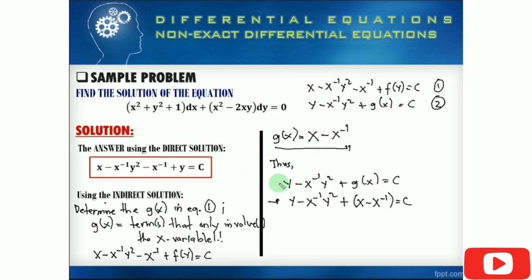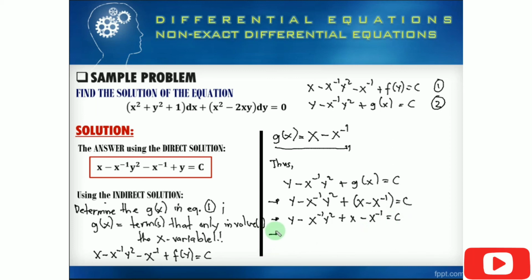And this will then also be equal to y minus x raised to the negative 1 y squared plus x minus x raised to the negative 1 equal to c.